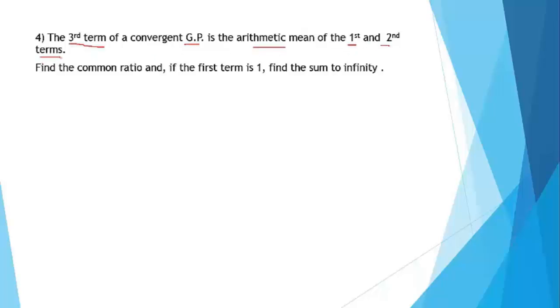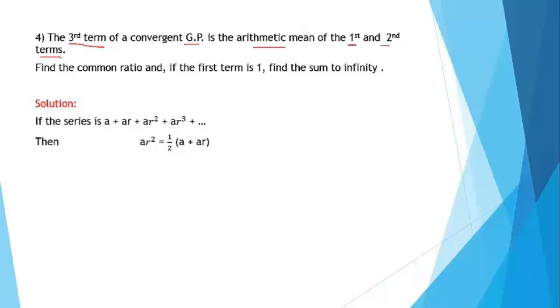So we can create a formula so that the third term of the convergent geometric progression is the arithmetic mean of the first and the second terms. Say the geometric progression is a plus ar plus ar square plus ar cube, and so on.